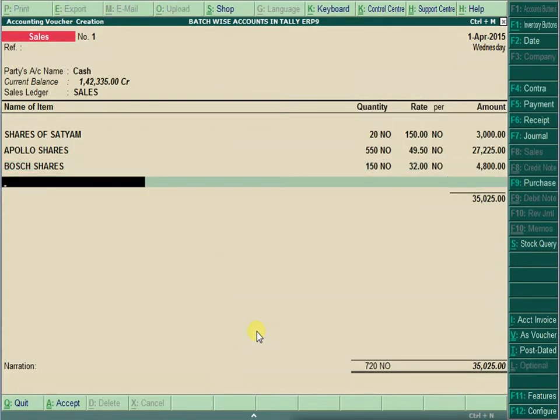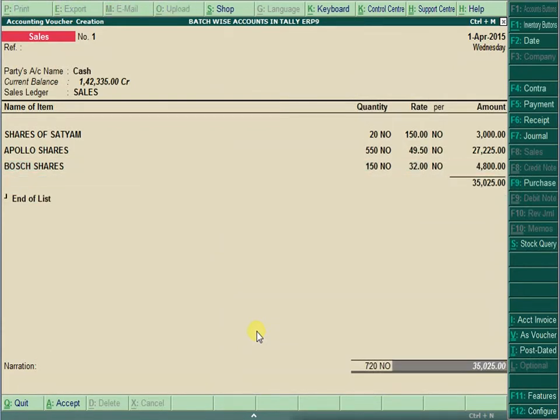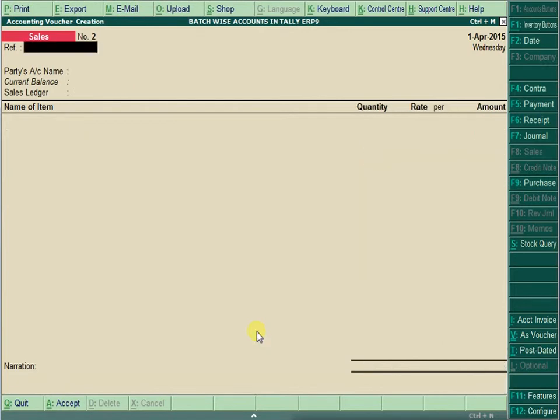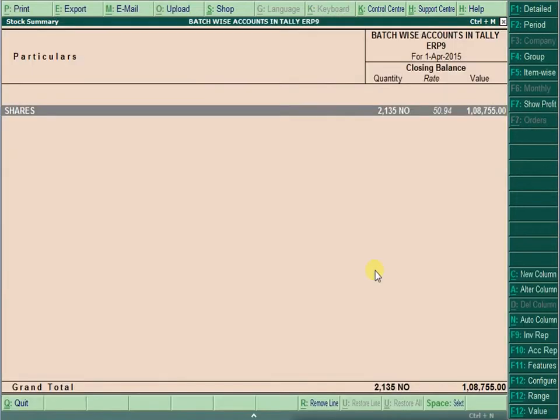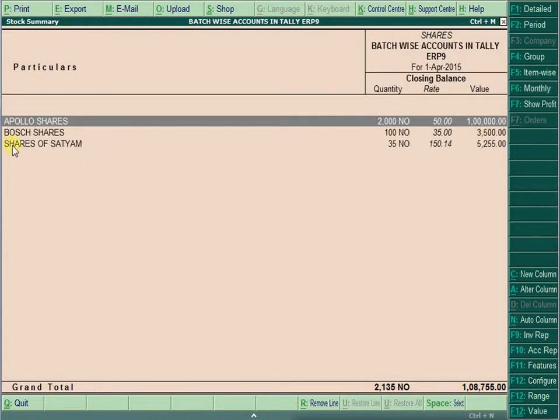Okay, this is done. If you want to see the reports, press back, then go to stock summary. Here the shares contain three elements: Apollo shares, Boston Loam shares, Satyam shares. The closing stock value is 205.